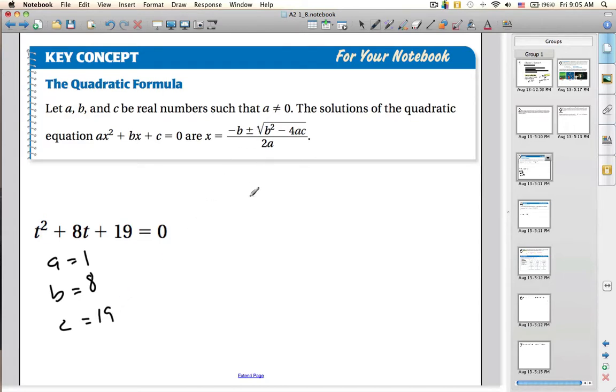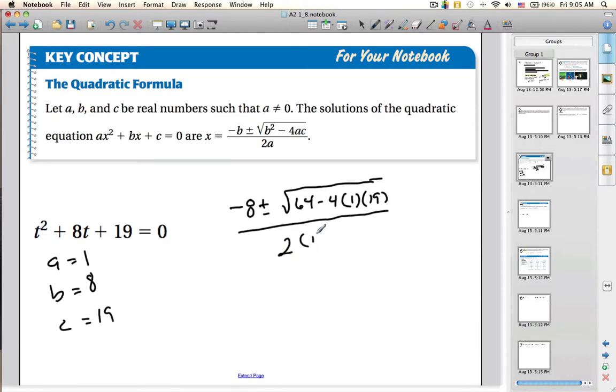When I plug those in here, I have the opposite of b, so the opposite of 8, plus or minus the square root of b squared, which is 64, minus 4 times a, which is 1, times c, which is 19. And it's all going to be over 2 times a, which is 1.